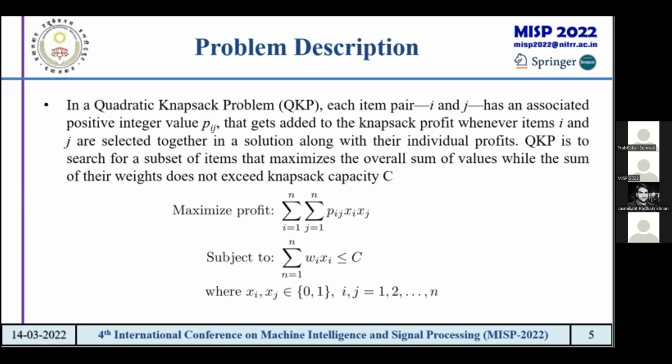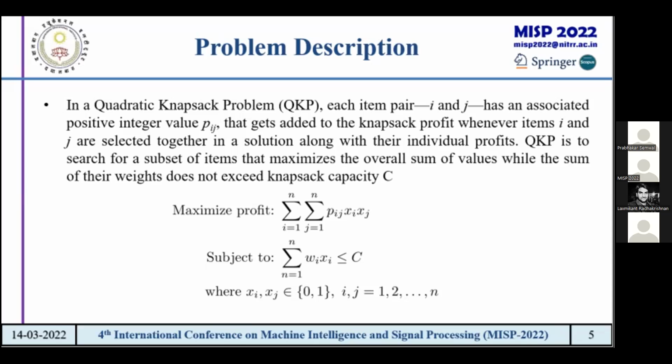Yes, ma'am. Actually, what I mean by quadratic is there is an n by n matrix. So choosing an item i and choosing an item j also gives a corresponding Pij value. When we select one item with another item, there is some extra benefit.